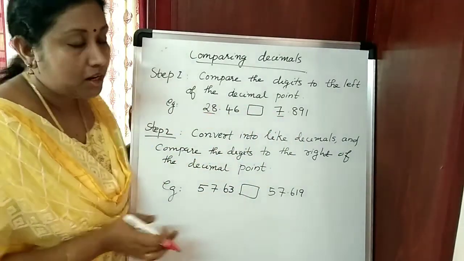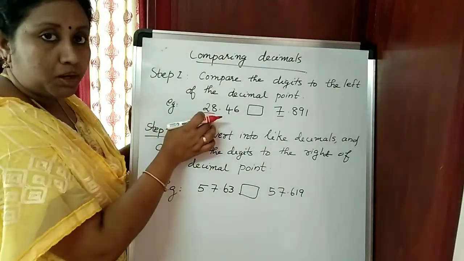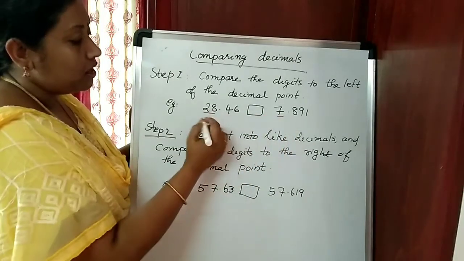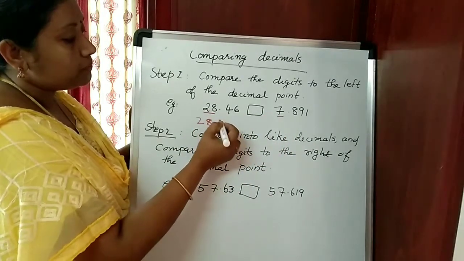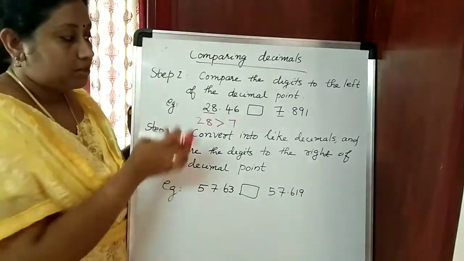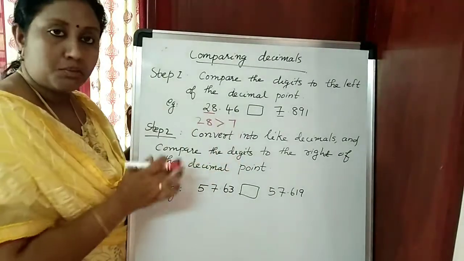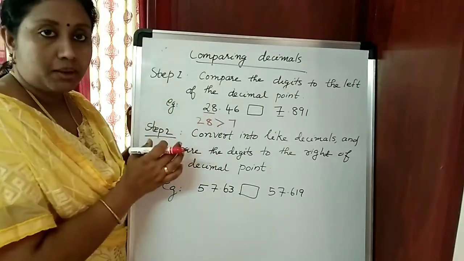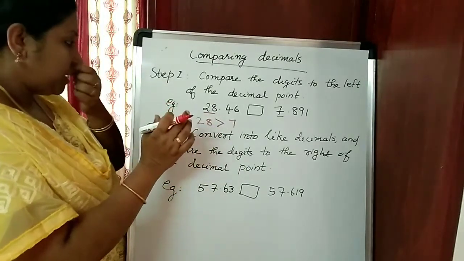Understand? Here what is the whole number part of this number? 28. Here, 7. Then we compare these two numbers. 28 is greater than 7, isn't it? 28 is big and 7 is small. So 28 is greater than 7. This is the symbol used to show which number is greater.